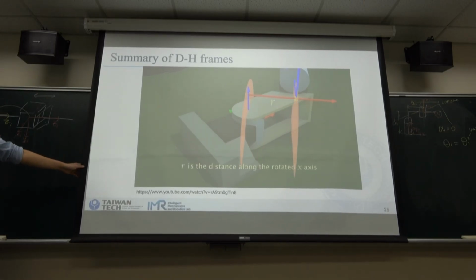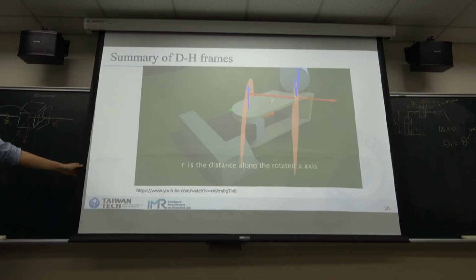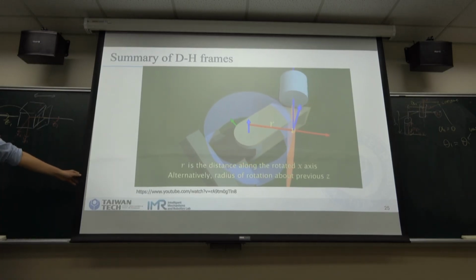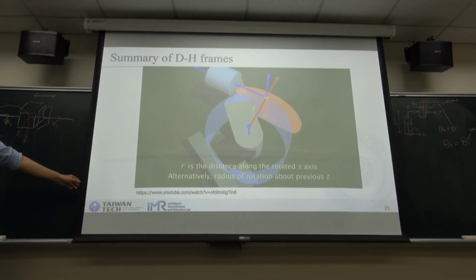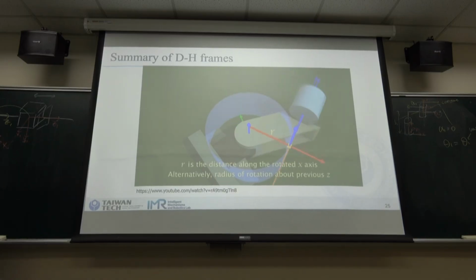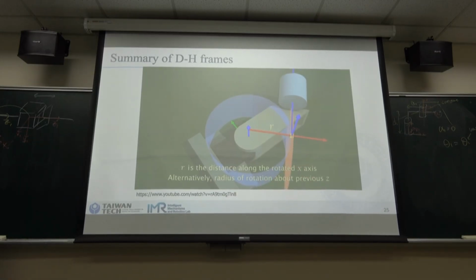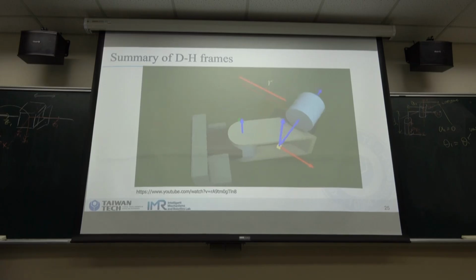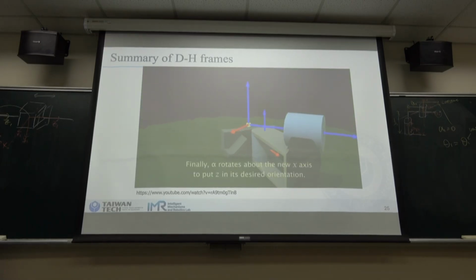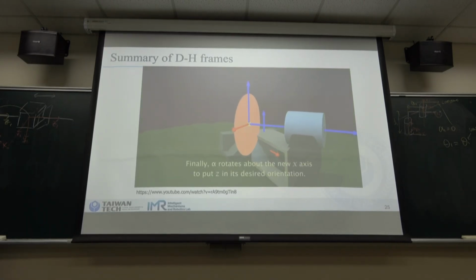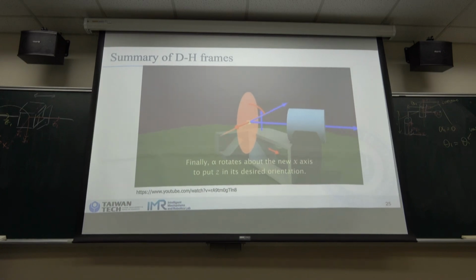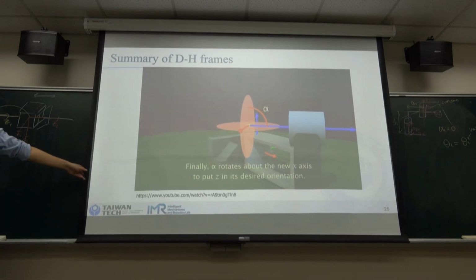Most texts call this parameter A, which is unfortunately easy to confuse with alpha. Instead, calling it R is used for the moment, as this is also the radius of revolution for the new origin about the previous z. Finally, alpha rotates about the new x-axis to move z into alignment with the axis of joint motion.